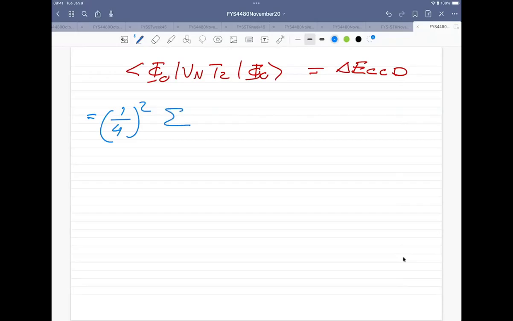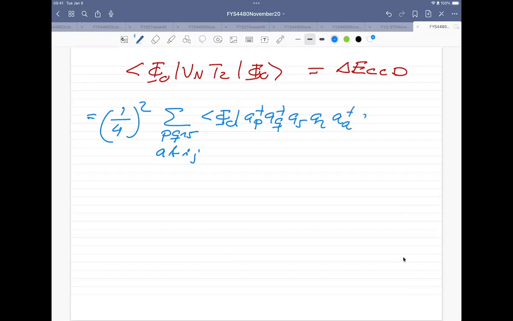I'm getting a sum over PQRS, and I have a sum over ABIJ, and then I have phi 0, and then I have the operator a_P dagger, a_Q dagger, a_S, a_R, and then I have my two-particle two-hole excitation operator, multiplied with phi 0, and finally this is multiplied with an integral PQ V RS.